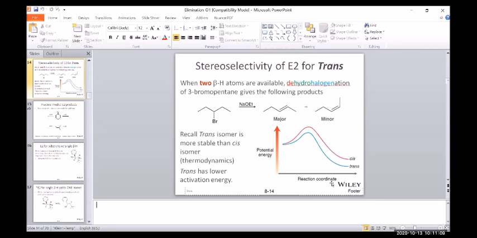With a small base, it gives the Zaitsev elimination. So that's what we covered last time. It's already pretty intense. Organic reactions typically have very high activation energy, which means the reaction is slower. When the reaction is slower and there are multiple pathways, each can give a significant product.